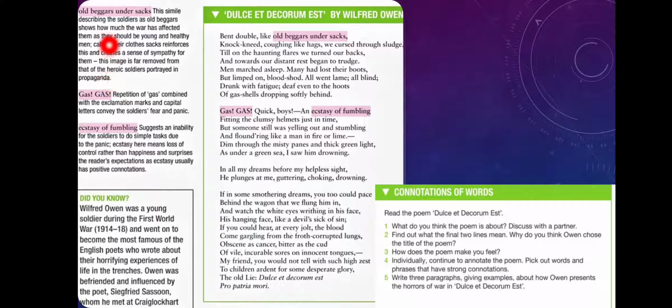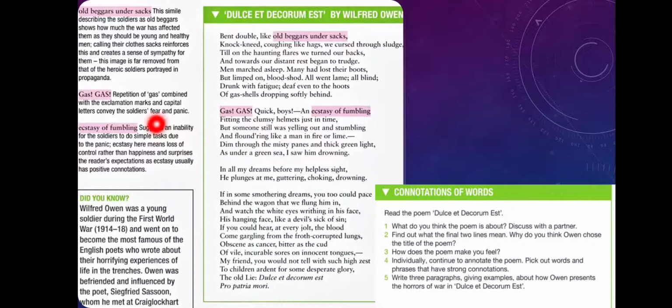Right here, they've got side notes. So of course you remember the rhetorical device repetition. As you can see here, repetition of gas combined with the exclamation mark and capital letters convey the soldiers' fear and panic. So, in a text, sometimes you have repetition and you will see words repeated twice.